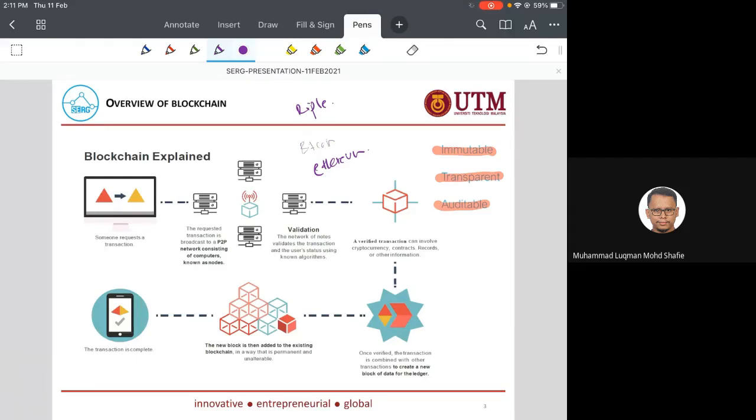So the second one is transparent. Every transaction is very transparent to all parties, because this is a P2P network. Blockchain technology promotes a decentralized architecture, not centralized. Currency and banking right now use the centralized approach.